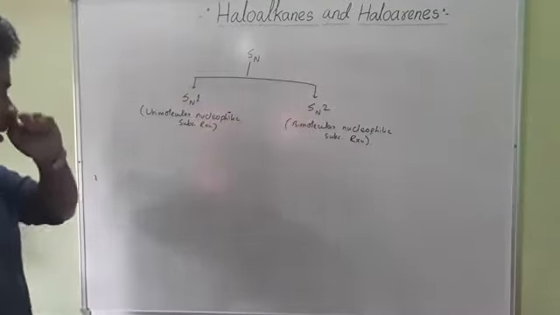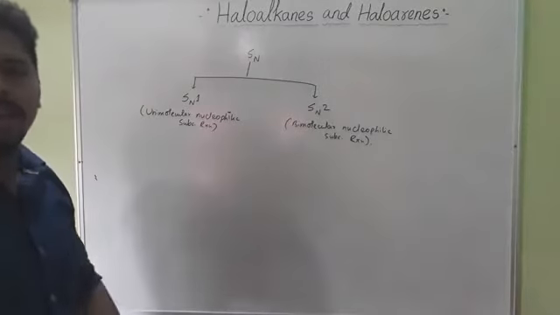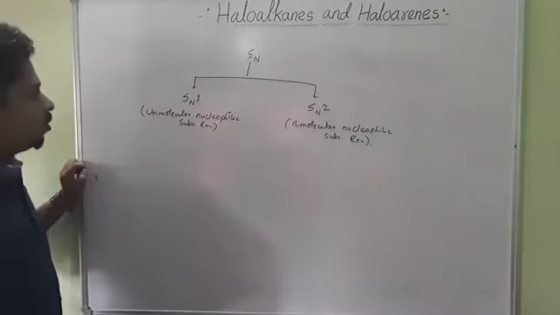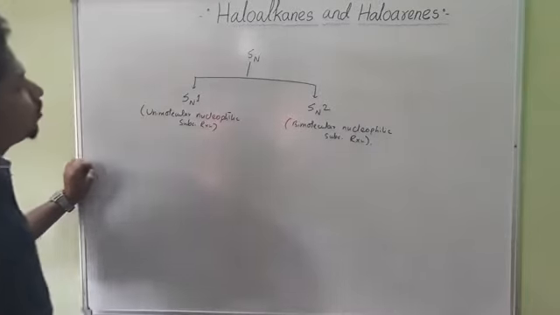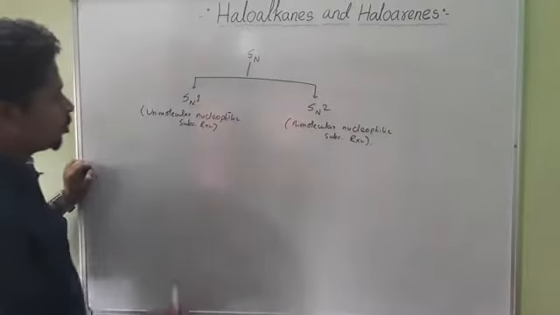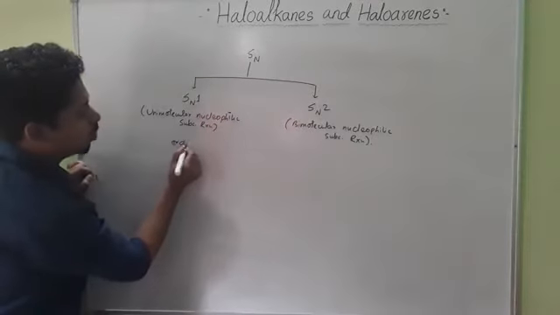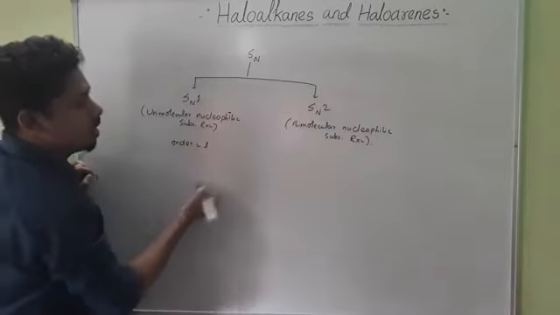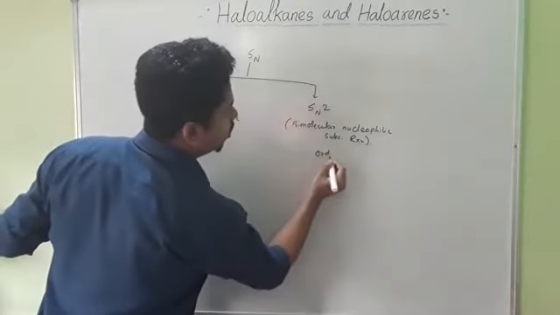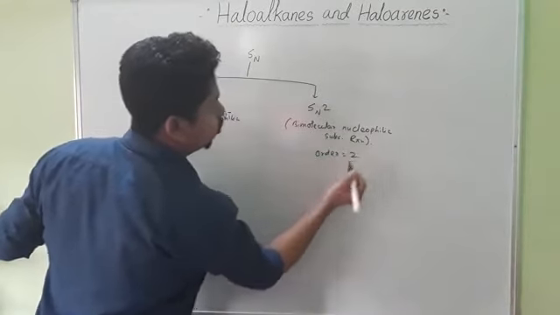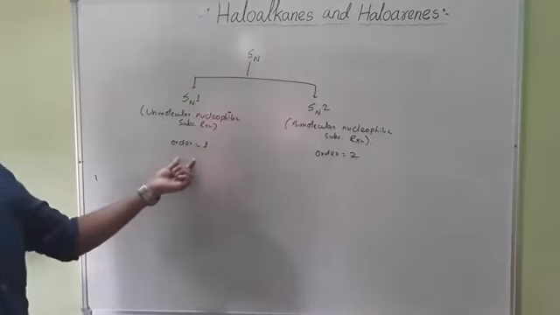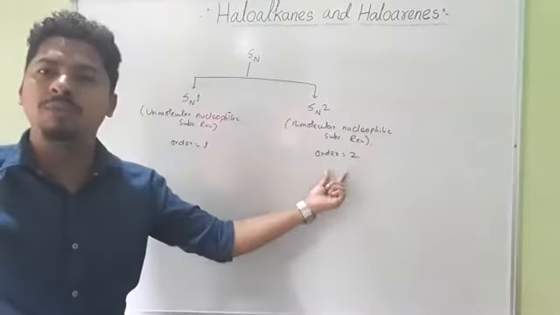Now in this SN1 reaction, the order of the reaction is 1, and in the SN2 reaction, the order of the reaction is 2. Or the molecularity of the SN1 reaction is 1, and the molecularity of the SN2 reaction is 2.